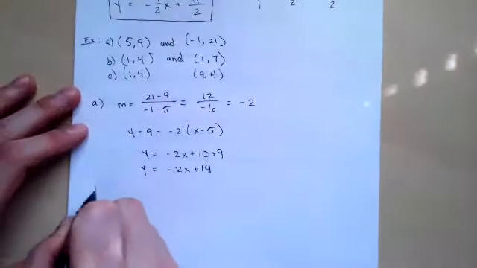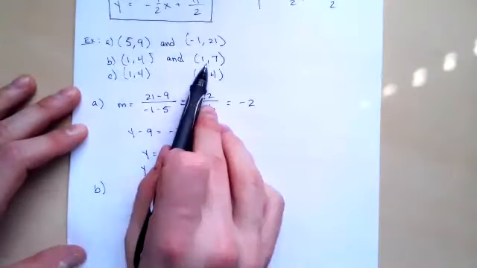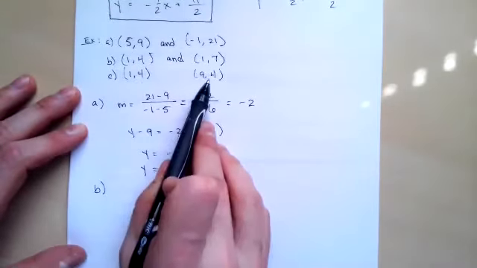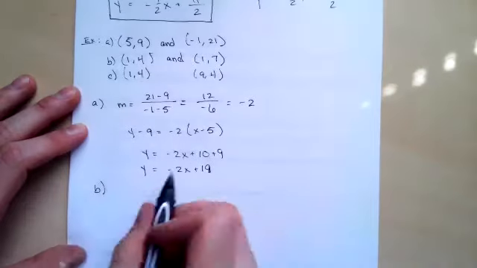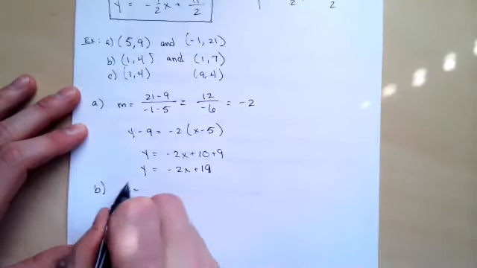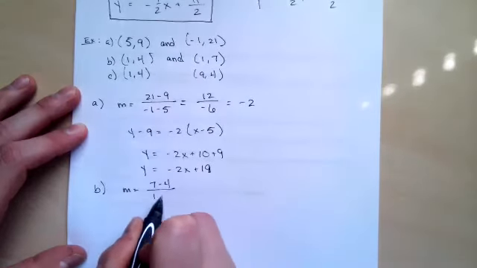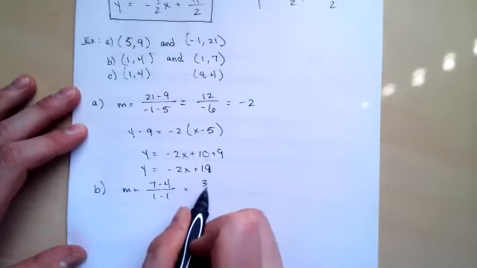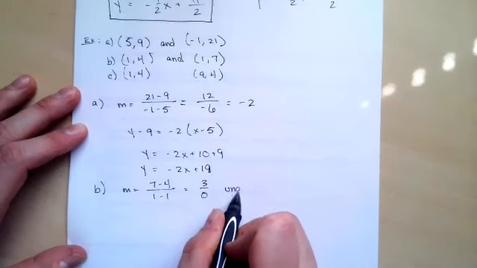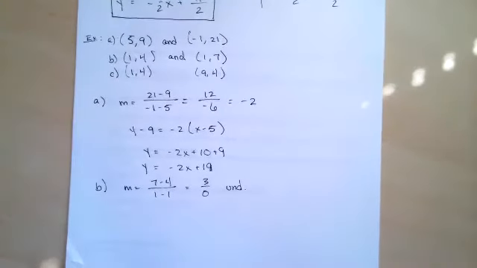Things to be careful of are what's going to happen whenever one of the coordinates is the same. So for example, in B, if we tried to do our slope, what do we get? UND means undefined. We cannot divide by 0. And what's going on here?